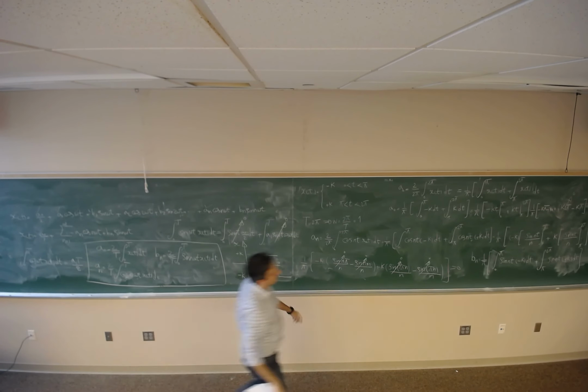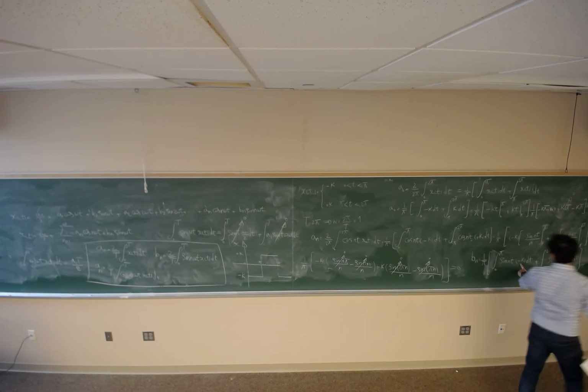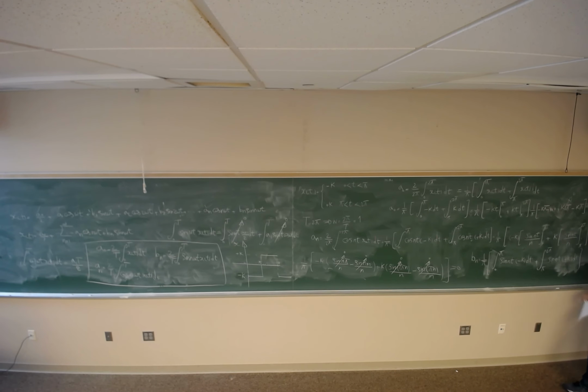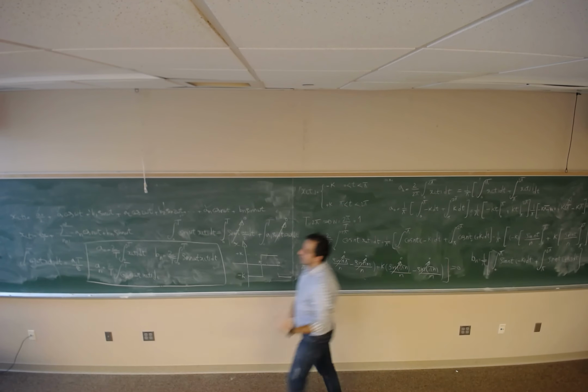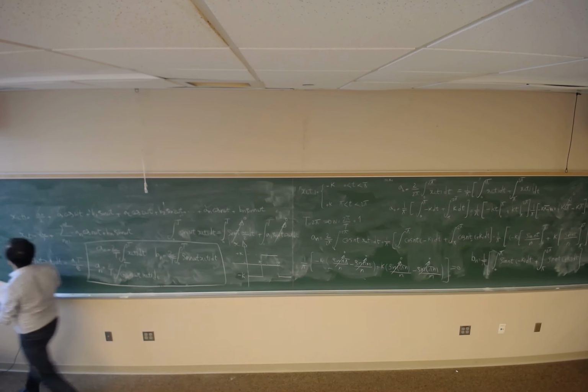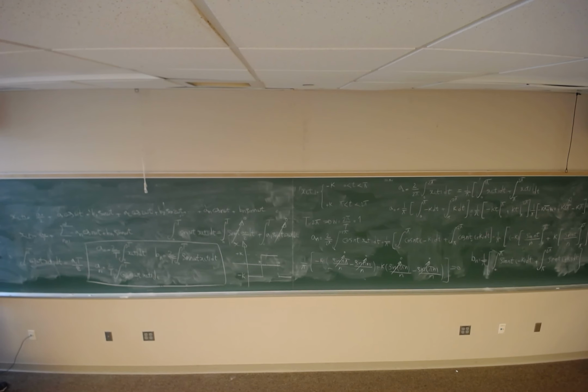So negative k is a constant, it comes out of the integration. The integration of sine of nt dt, n being constant, is going to be negative cosine of nt divided by n. So it's going to be negative k times negative cosine of nt divided by n, where time goes from 0 to pi.